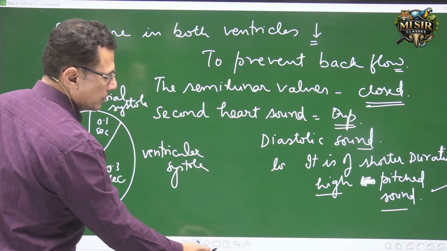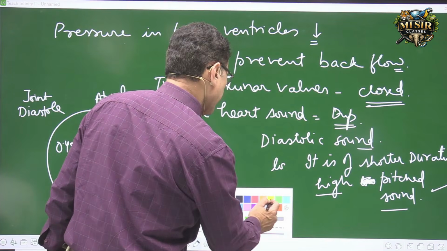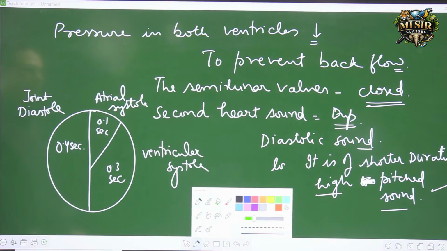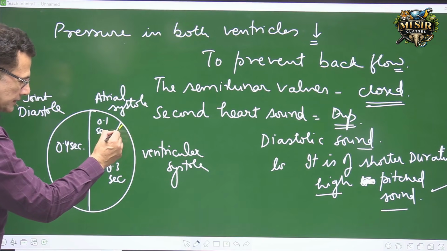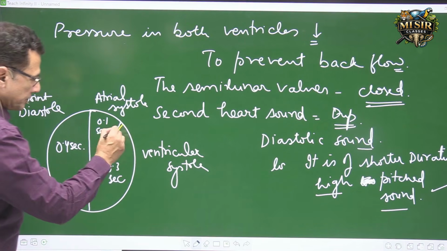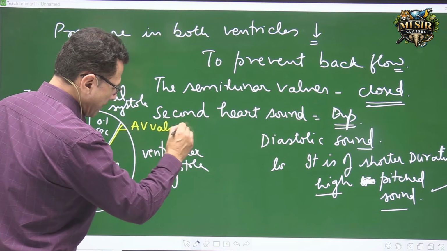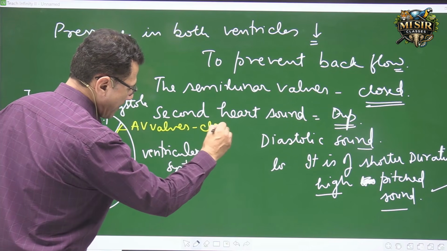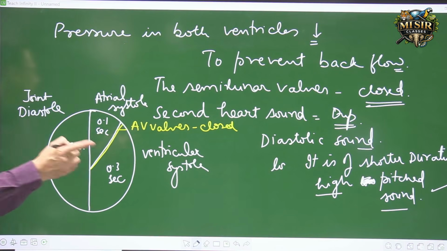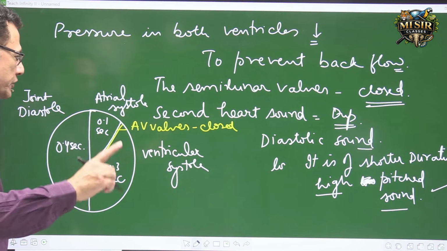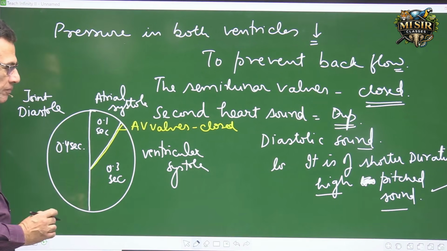If I talk about the condition of valves, at the stage of ventricular systole, the AV valves, atrioventricular valves, bicuspid and tricuspid valves, are closed.